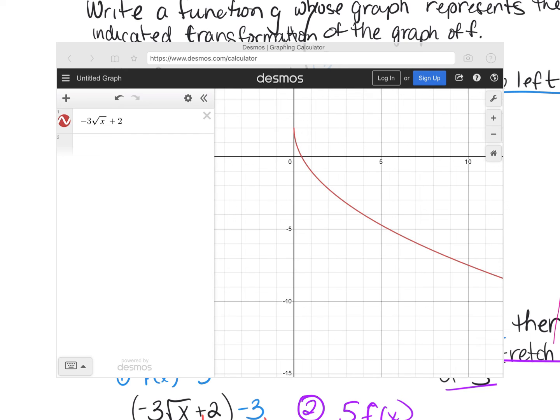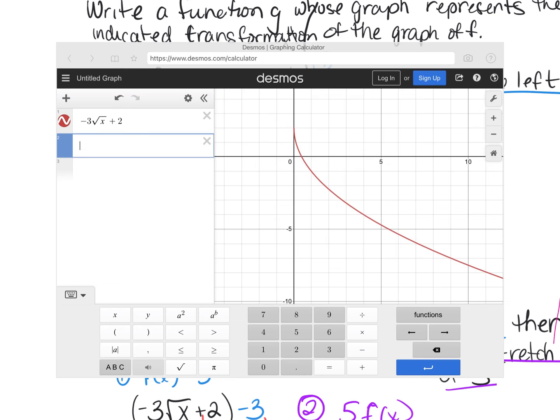So we'll write g of x once we're done. Now, if you wrote g of x in the middle of your work, it's okay too. There's nothing wrong with that. What's my new equation? It was -15 square root of x minus 5. So it moved it down 5.